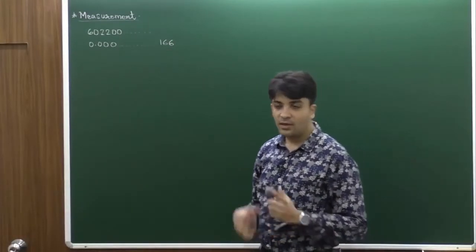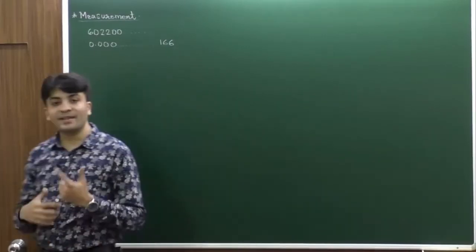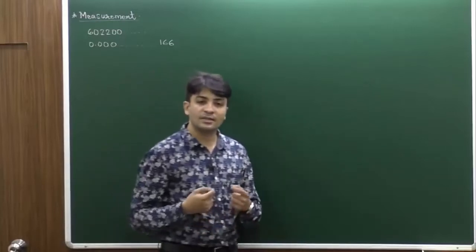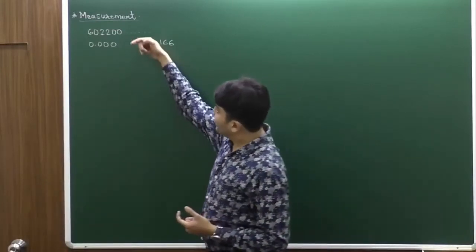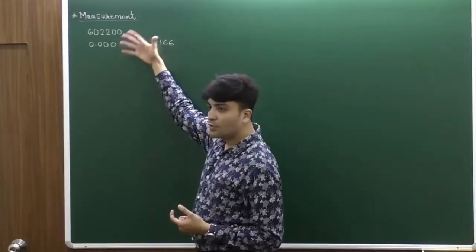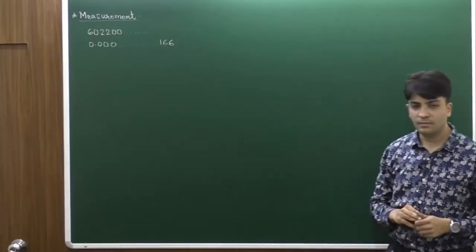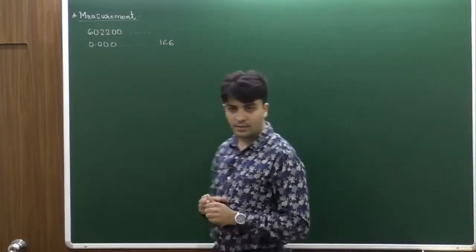Now if I just talk about doing the mathematical operations on it, like addition, subtraction, multiplication, division, okay, applying the mathematical operation for these two numbers, is it going to be very simple? Yes.